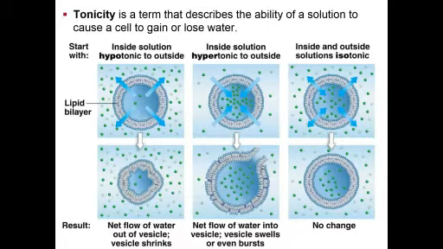So what that means is, in an isotonic solution, water is going to enter and leave the cell, but there is no net directional movement of water. The volume of that cell is going to pretty much stay the same if it's immersed in an isotonic solution. So equal tonicities. That's what the word iso is referring to. The same.